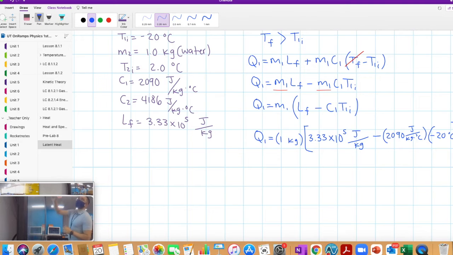And these two negatives will make a positive. So I'm going to rewrite my equation. I think it's going to be the final form.